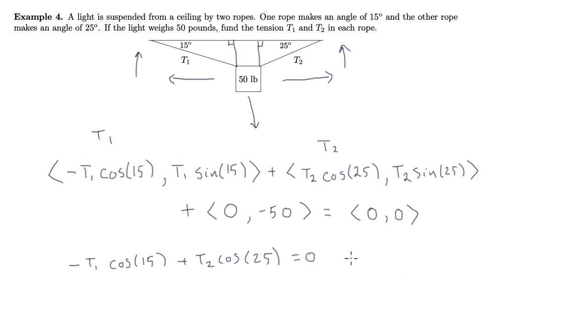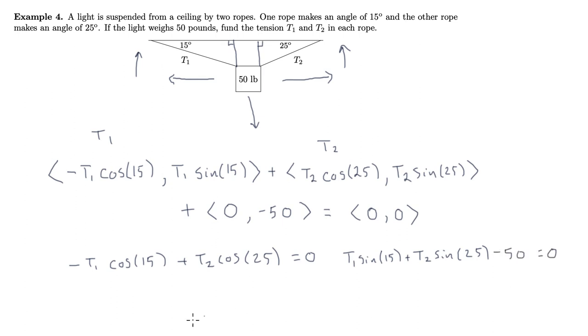And then also T1 sine 15 plus T2 sine 25 minus 50 has to equal 0.